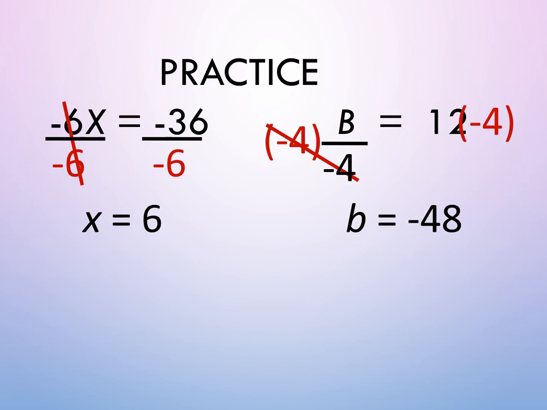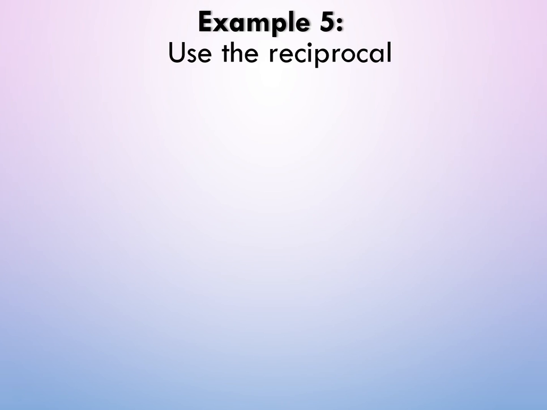Alright. Now the next example we're going to do is using reciprocals, okay? If you guys remember what reciprocals are, a reciprocal is when we take a fraction and we flip it. So if I had 1/2, it becomes 2 over 1, or just 2. If I had 2/3, it becomes 3 over 2, okay? So my question is 3/4 w equals 3.